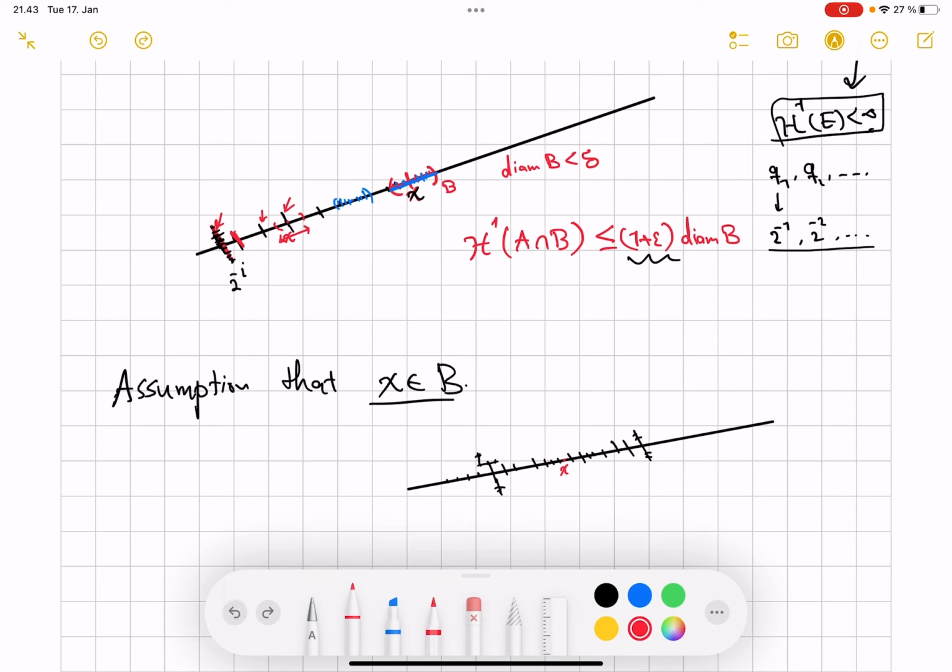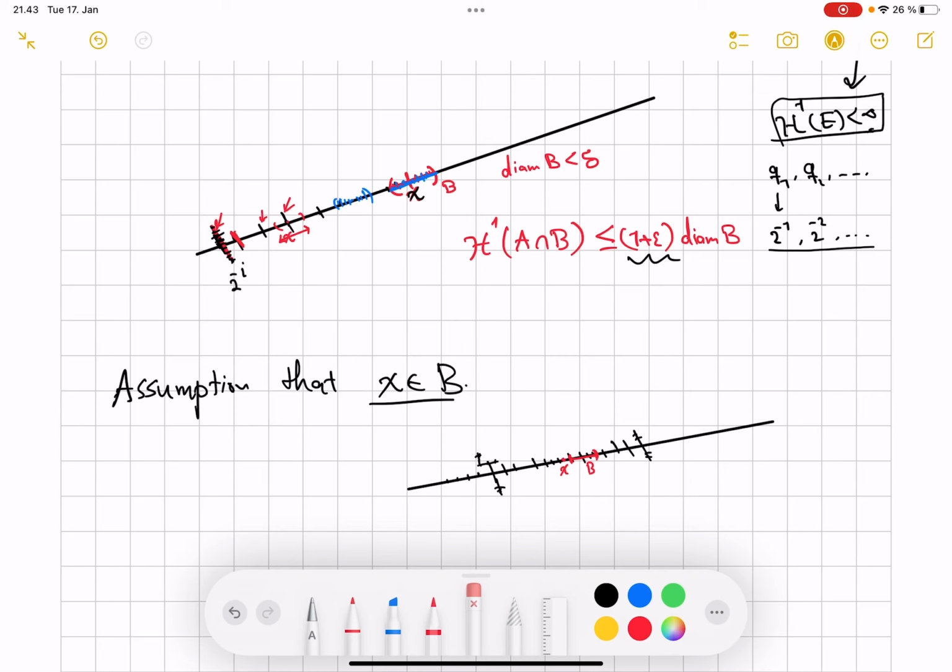Somehow it seems an artificial condition, because you can have a ball around here, from here to here. This has delta diameter. It doesn't necessarily contain X, but isn't it in a neighborhood of X anyway? Maybe twice the ball actually contains X. So it's in that neighborhood.